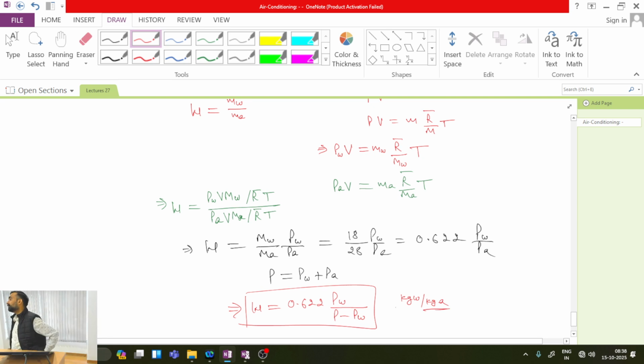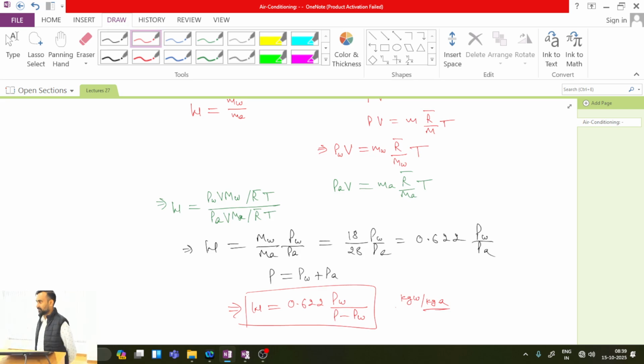Is this clear? So this important property is called specific humidity or humidity ratio. We commonly say that today humidity is very high. What it means is that the water vapor content in the air is actually significant.